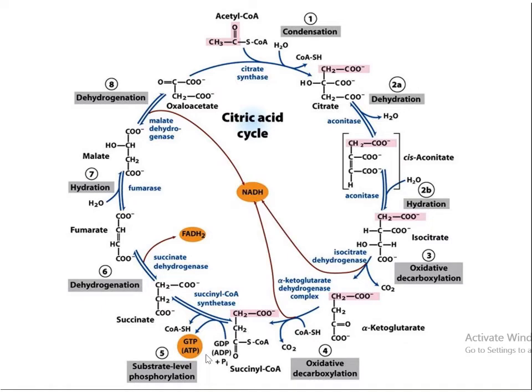This cycle runs two times because we have two molecules of acetyl CoA from 2 pyruvate. So finally, from this citric acid cycle we have received a total of 6 NADH, 2 FADH2, and 2 ATP or GTP from the Krebs cycle.